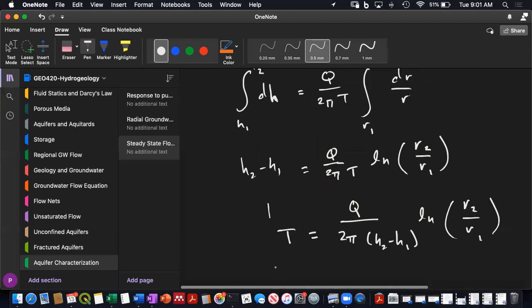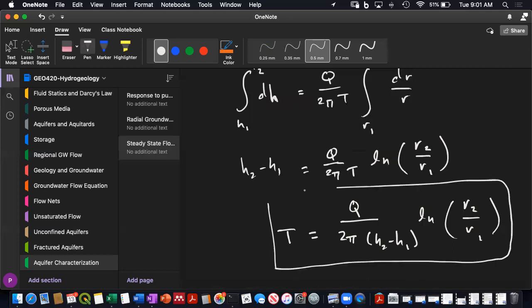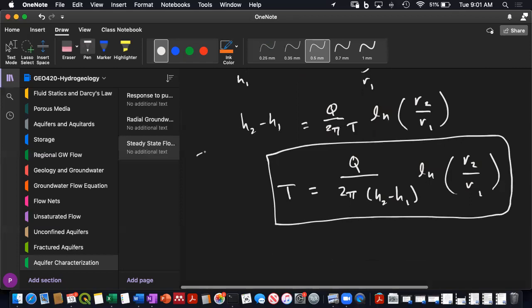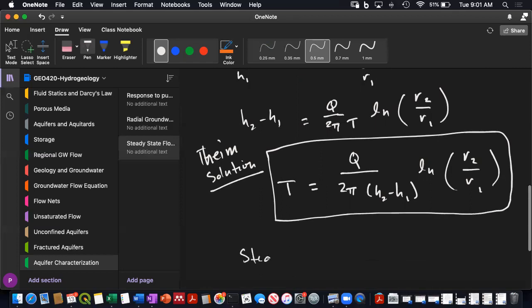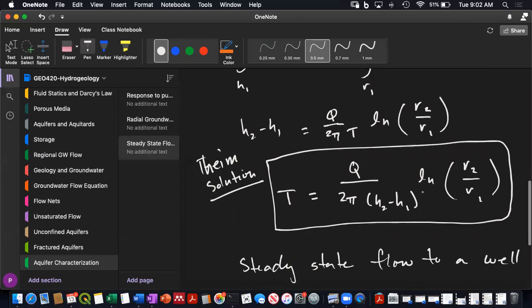And this is called the Thiem solution. And this is for steady state flow to a well. And it says if I know the radius and the head at 2 points in my cone around my well, and I know the pump rate, I can calculate the transmissivity.